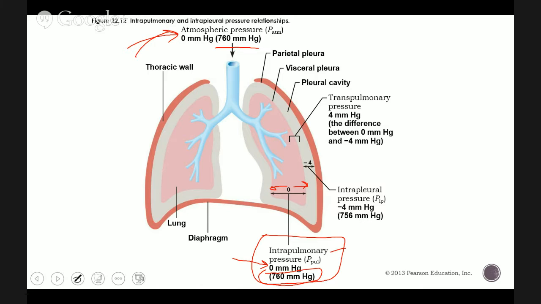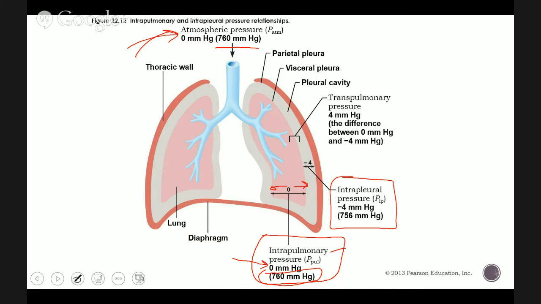All right. Then we have an intrapleural pressure. So remember, when we look at body cavities, we have two layers to the body cavity. When we talk about the serous membranes, we have a parietal layer. Remember the parietal layer? What does the parietal layer line? Does it line the cavity, or does it line the actual organ?